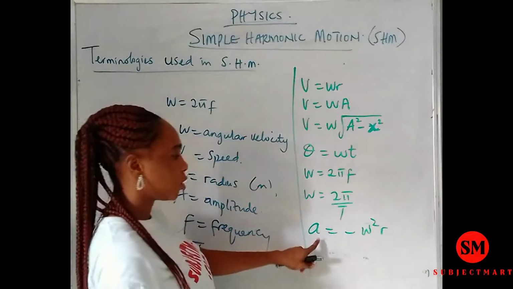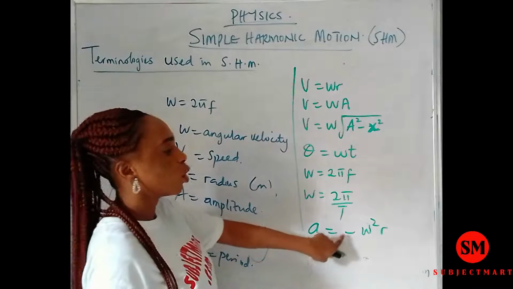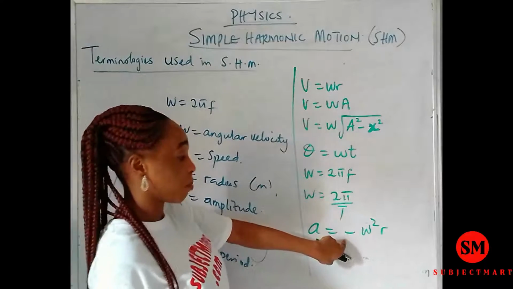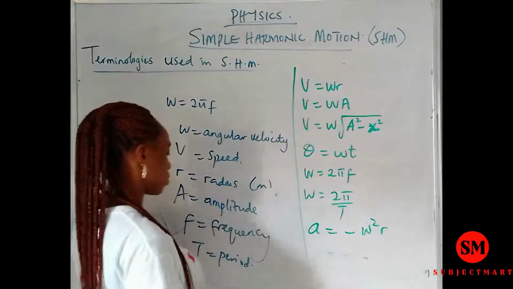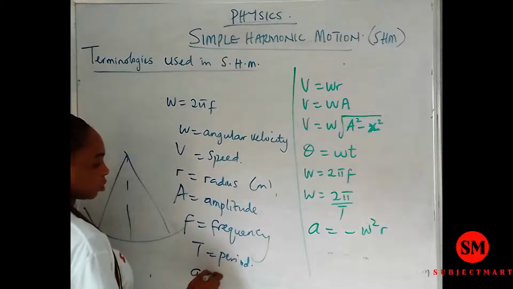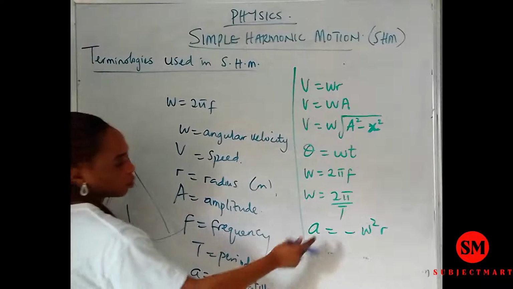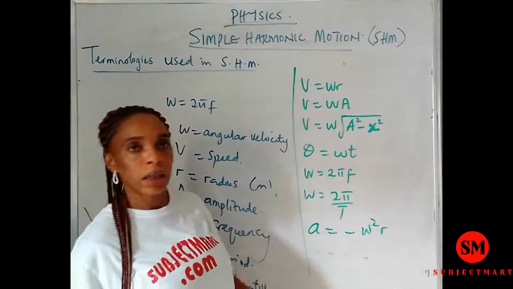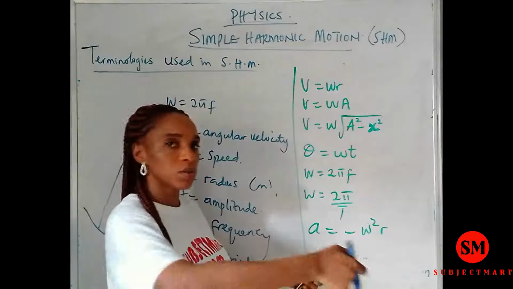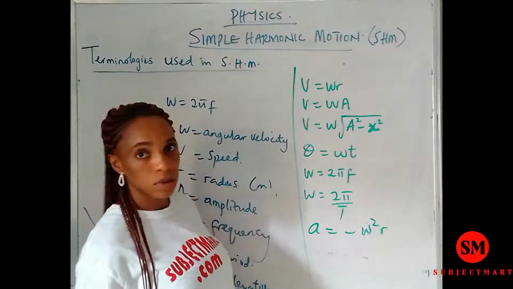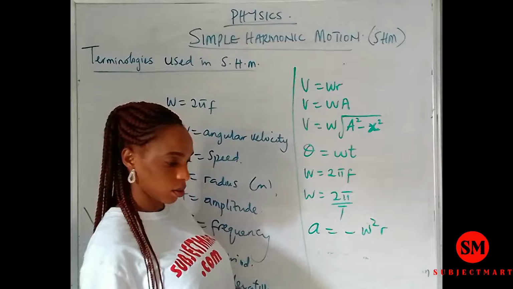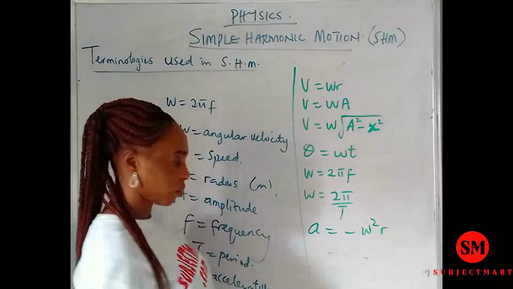Then for acceleration, we have A is equals to minus W squared R. Don't forget that we said the acceleration is always directed towards the center.